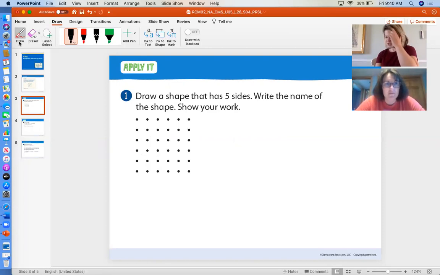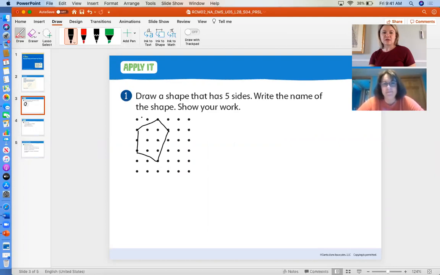So I'm gonna try something different this time. I'm gonna try one side, 2 sides, okay, 3 sides, 4 sides, and 5 sides.